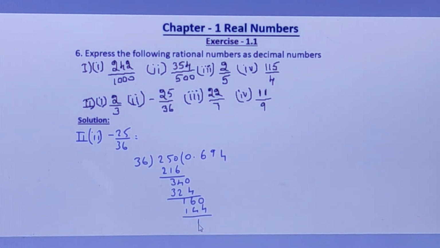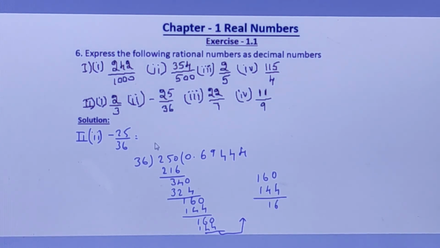Remainder is 16. One more 0. 4s are 144. What is the remainder? Again 16. So one more 0. 4s are 144. Again remainder is 16.